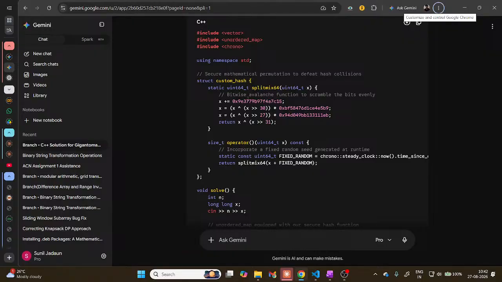Okay, this is also a function inside it.